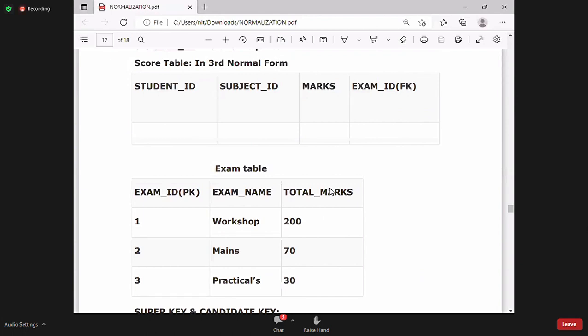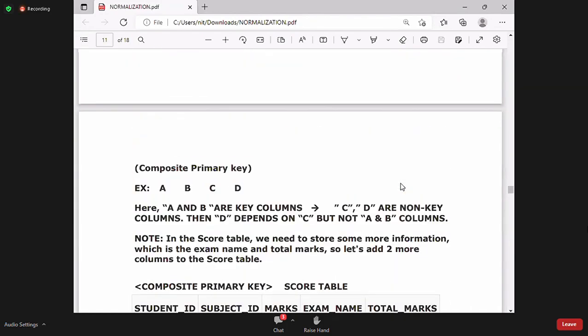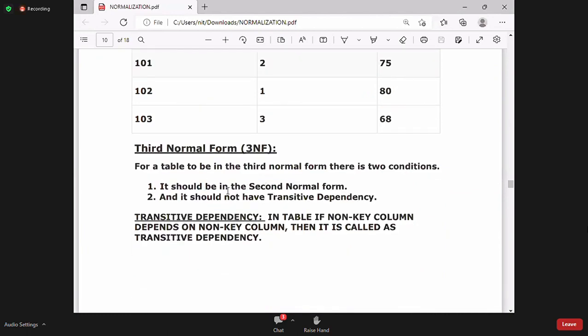Any partial dependency here? No. That means both are having full dependency, which supports second normal form. That means my first condition is satisfied. What is my first condition? My table should be in the second normal form. So both are in the second normal form because there are no partial columns.